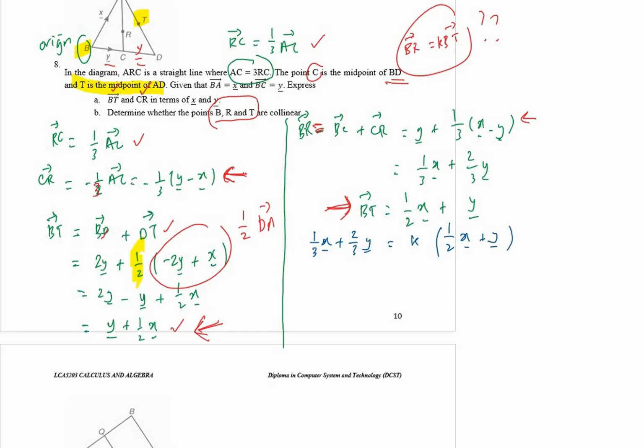Correct? So now you need to find whether there is a k that is the same or not. If you work this k out, it is 2 over 3. Comparing the x. Now you compare the y, you work it out, k is also the same.